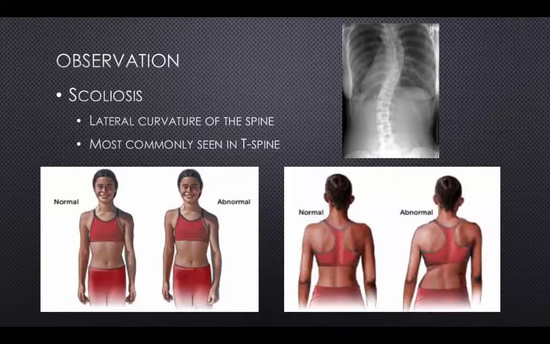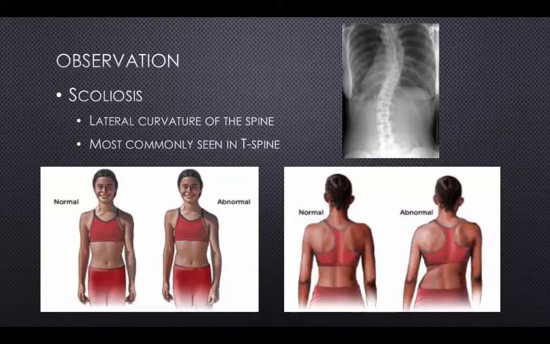Severe scoliosis can be disabling. An especially severe spinal curve can reduce the amount of space within the chest, making it difficult for the lungs to function properly. Children who have mild scoliosis are monitored closely, usually with x-rays, to see if the curve is getting worse. In many cases, no treatment is necessary.